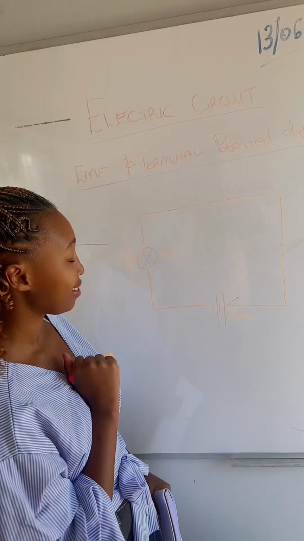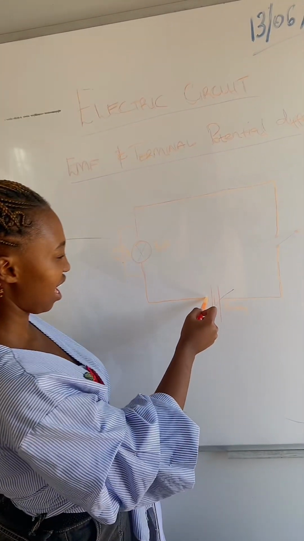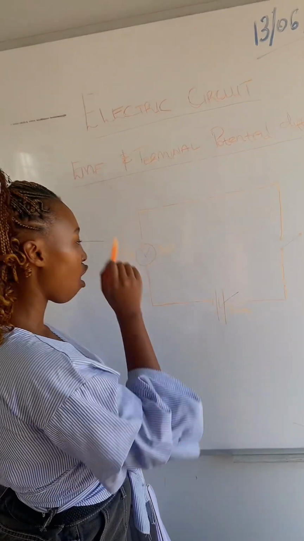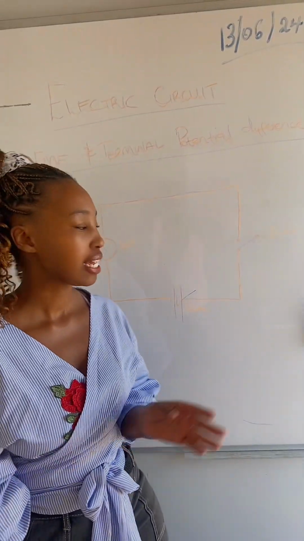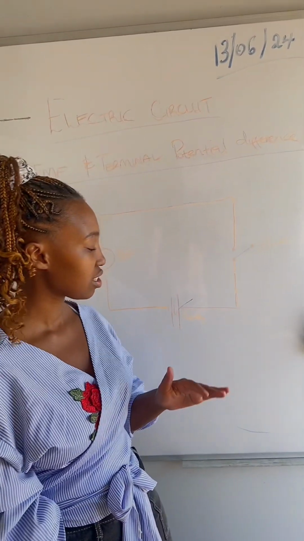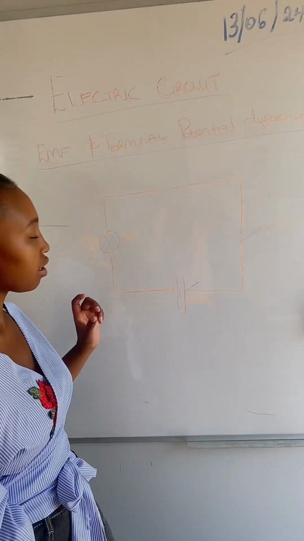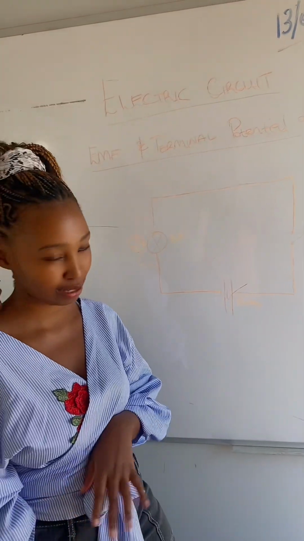For energy charges to transfer from the positive end of our battery into our light bulb, our circuit is closed, meaning that current charges are flowing across our circuit, and we can measure the potential difference across our light bulb.